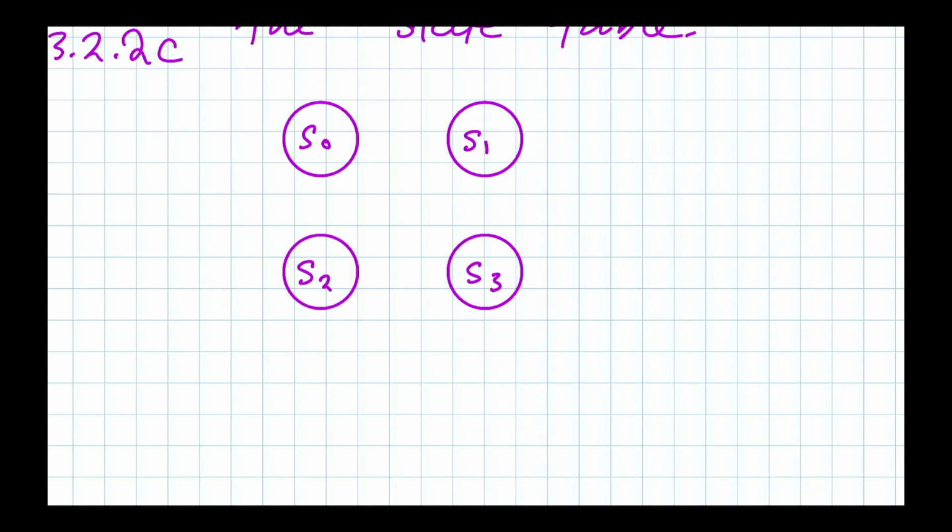Then they've got an arrow like this, that's 1, 1. They've got an arrow like this, labeled 0, 0. They've got a loop, labeled 1, 1. They've got an arrow like this, labeled 0, 0. They've got a loop here labeled 1, 0.